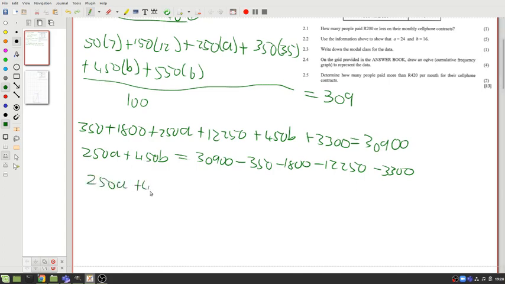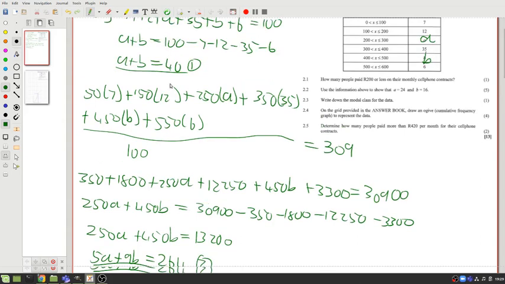If we calculate this, we get 250A plus 450B equals 13,200. You could leave it like this, but I'd like to simplify, so I'm going to divide everything by 50 to get 5A plus 9B equals 264. And here's our second equation.